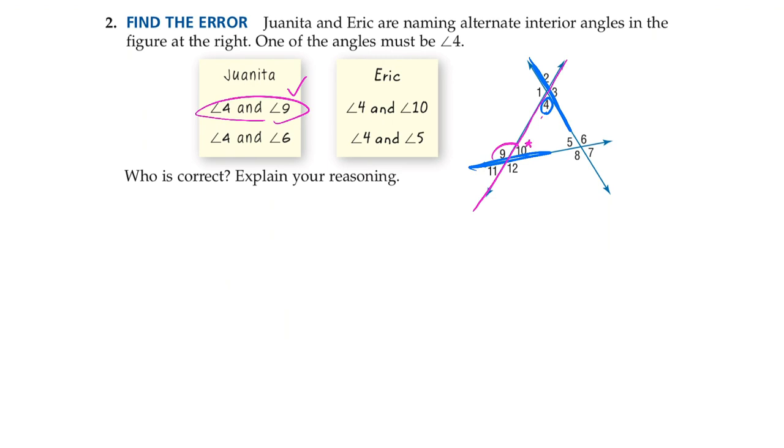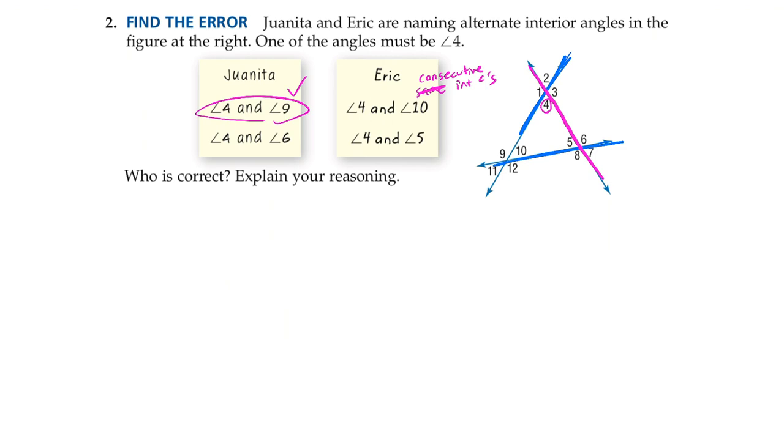What would be the relationship between angle 4 and 10, name-wise? I'll just pause there for effect. You could literally pause the video. But these would be called same side interior. Oh, not this book. These would be called consecutive interior in this book. Okay. And then let's look at 4 and 6. So 4 and 6, he's just shifting his perspective. And he's saying, well, what if we're looking at 4, but now let's look at these two lines as our two lines, and this being our transversal that crosses them.